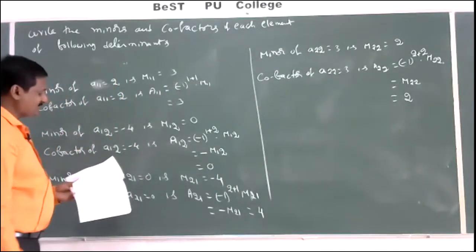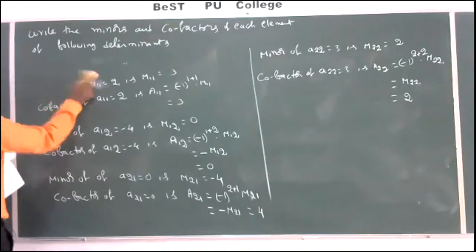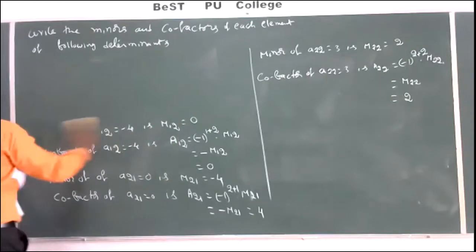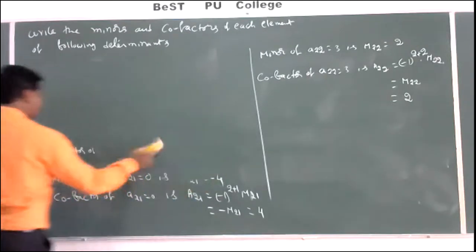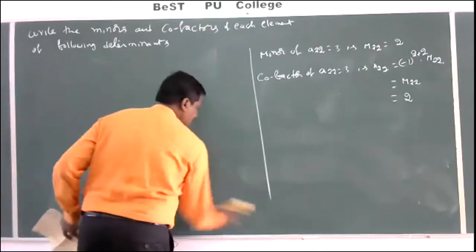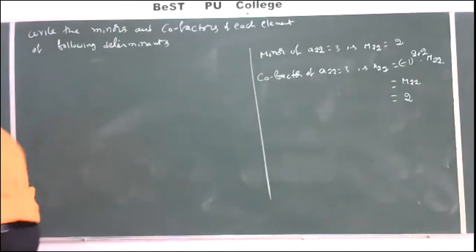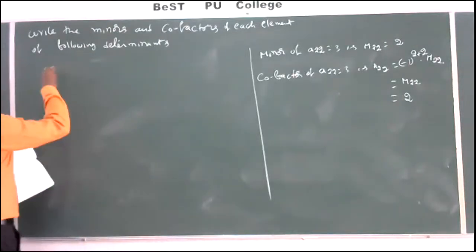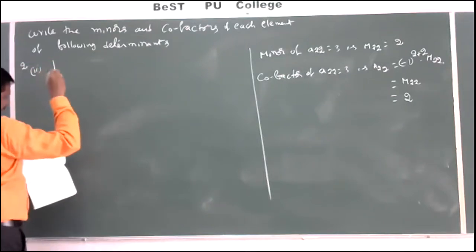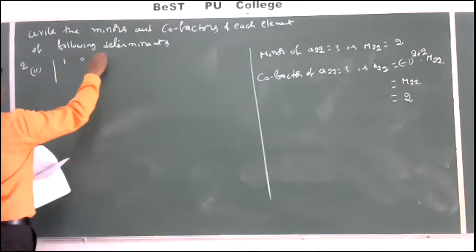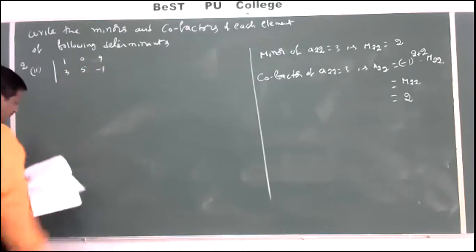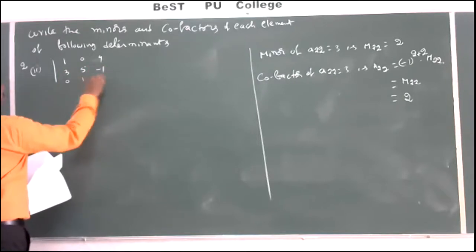In the second main, write down the second problem: write the minors and cofactors of the determinant 1 0 4, 3 5 minus 1, 0 1 2.